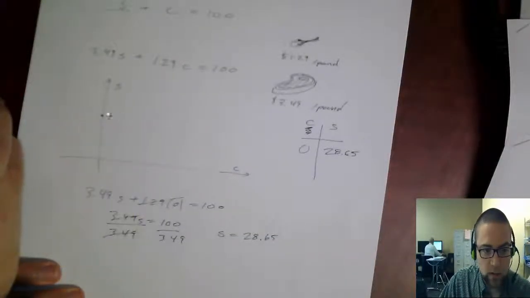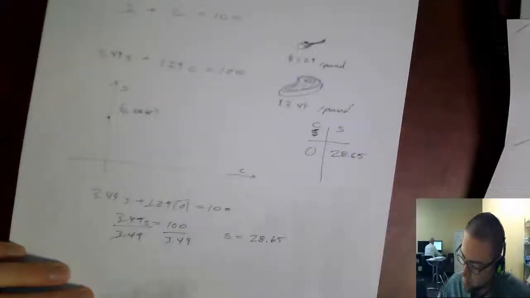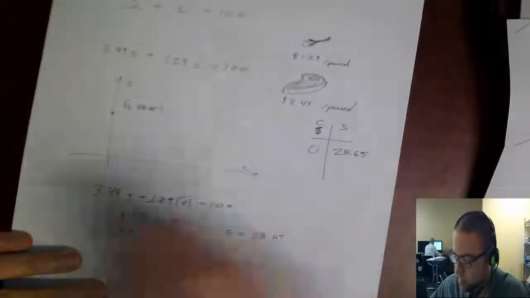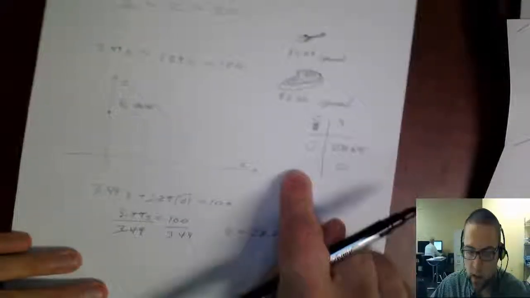So this point right here is 0, 28.65. Alright, now if I were to buy no steaks and only chicken, then I would have 0 steaks. How many chicken would I have?